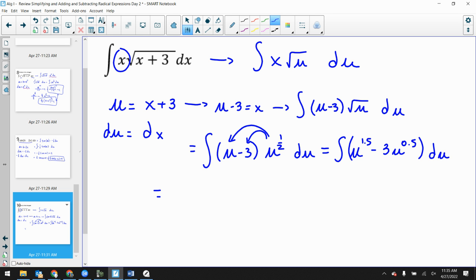Okay, so we got u to the 1.5 minus 3 times u to the 0.5 du. All right, now I find my antiderivative. So kick it up a notch, u to the 2.5 over 2.5 minus 3 u to the 1.5 over 1.5 plus c.